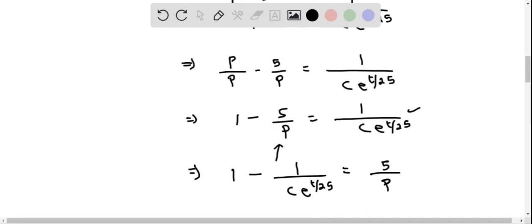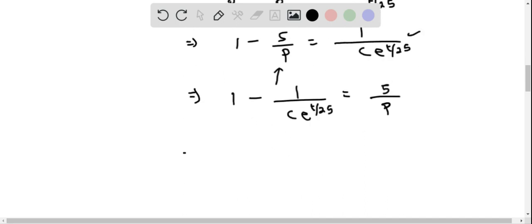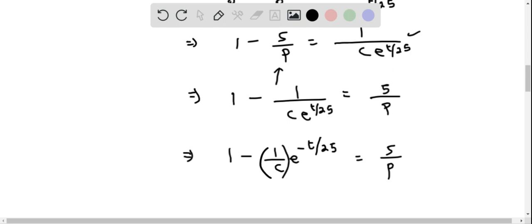Let's simplify this further. I'm going to write down this 1 by c e raised to the power of t by 25 as 1 by c e raised to the power of negative t by 25, and this equals 5 by p. Now we can consider this 1 by c as another constant. Let's say this is a.